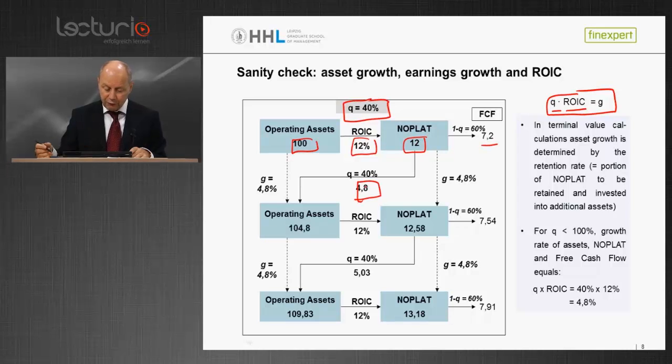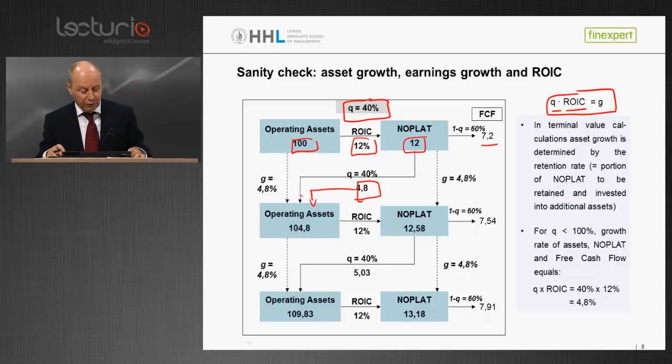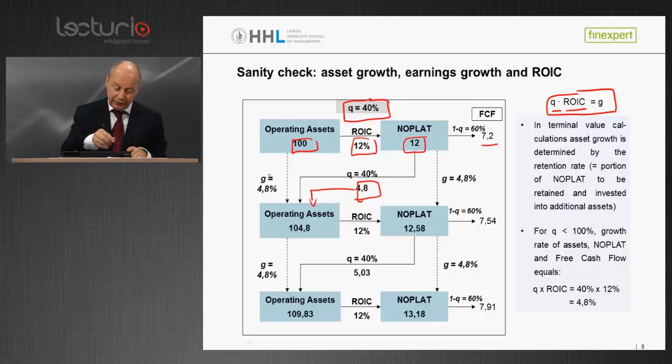And these 4.8 are used in order to acquire additional assets, and that yields a growth in assets from 100 plus 4.8, which is 104.8. So you see that our asset growth is 4.8, and that's exactly the 40% retention times the 12% rate of return.